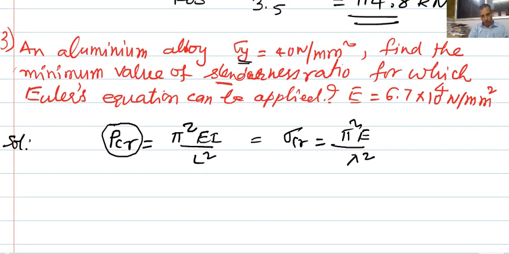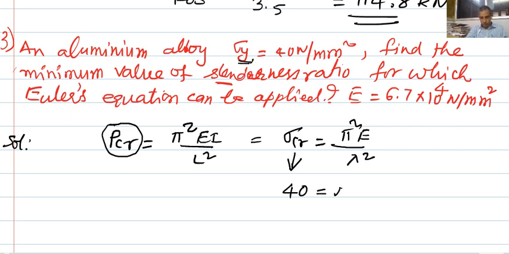See here what I can do actually, because slenderness ratio lambda is not given, I have to assume this is what is going to fail. So sigma CR is going to fail first. Okay. So I should take sigma CR as 40 here, because very less. This is where it is going to fail, right? So he has already given the yielding strength.